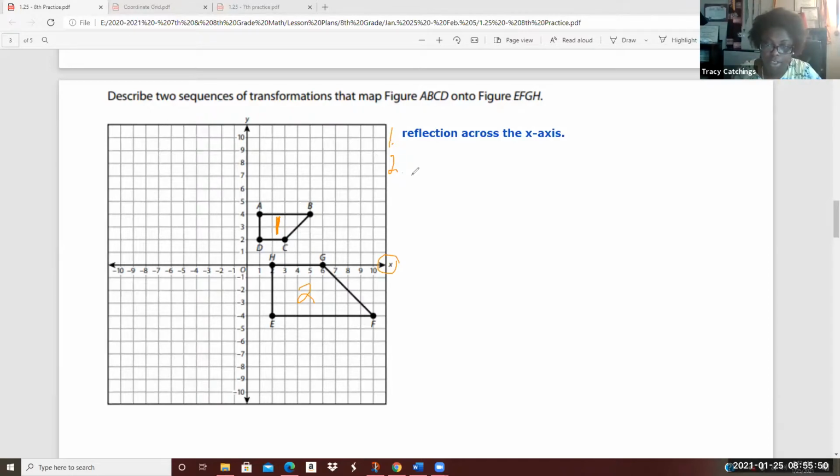All right, Amara, you said the figure was translated 1 unit to the right, 1 unit down, and reflected over the x-axis, then dilated. All right, so you're saying it could have been reflected, it could have been translated, and it could have been dilated.